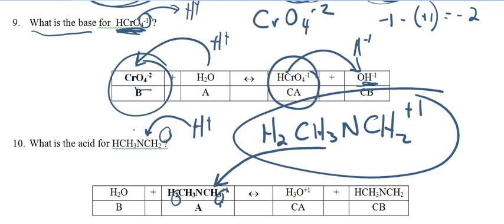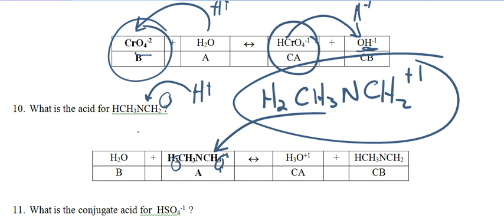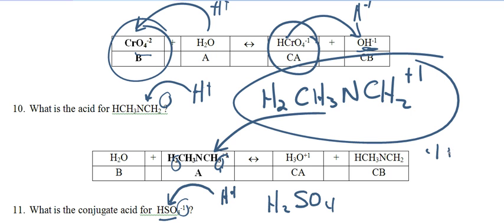Okay. Number 11. What is the conjugate acid for this base? So bases accept hydrogen. Okay. So if it's accepting a hydrogen, then it should be H2SO4. This has a -1 charge, so if we take a -1, add a +1 to it, what should my final charge be? 0.